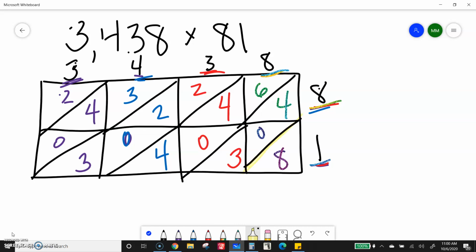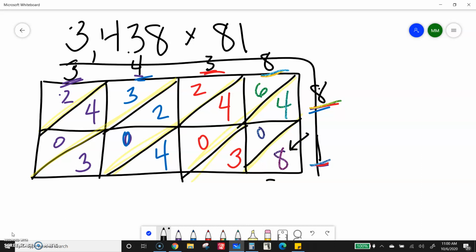Now I'm doing it looking at my diagonal sort of columns. Interesting, that highlighter I don't use very often. So anyway, I can ignore those. Now I have 8. 4 plus 0 plus 3 is 7. 6 plus 4 is 10.